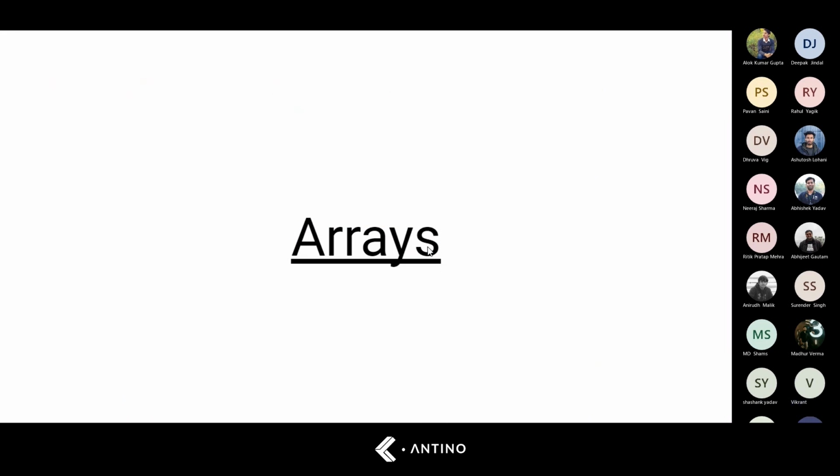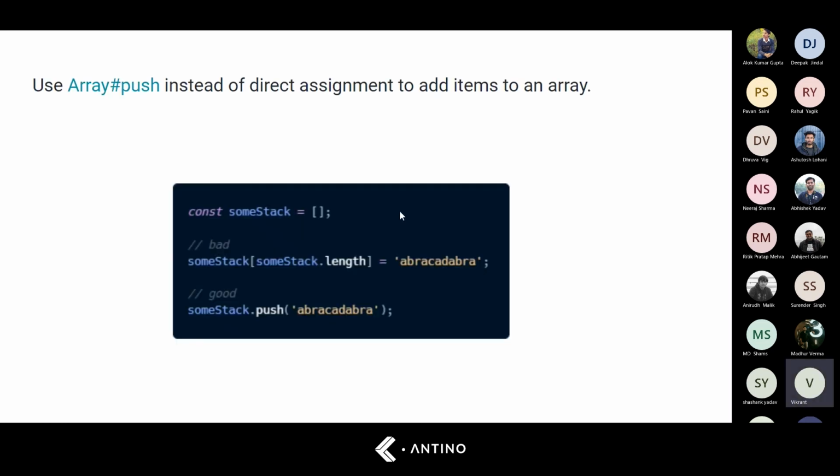Okay. Previously, we covered all the best practices one can follow when it comes to objects. Now it's about arrays. This slide tells you that instead of directly assigning and adding an item to an array using the length property and making changes to items sitting at particular indices of an array, you can simply use the push function instead.